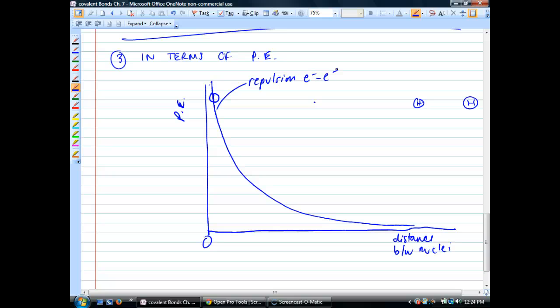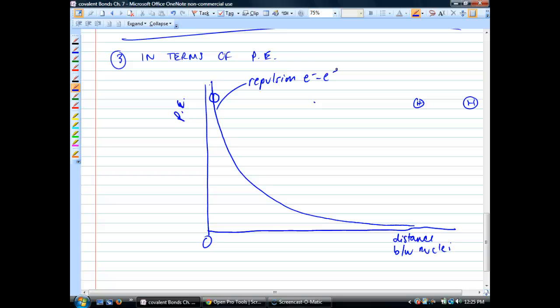Now what does this mean? If I take 2 magnets and I put them with like poles toward each other, so if I turn these so that they're repulsive, the closer that I put them together, because they're repelling, the greater the potential energy of the system.